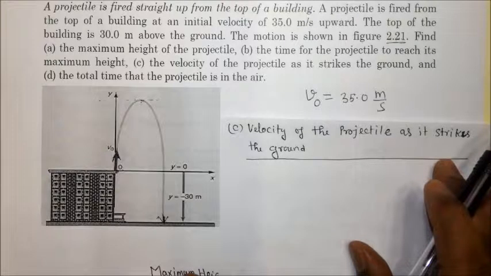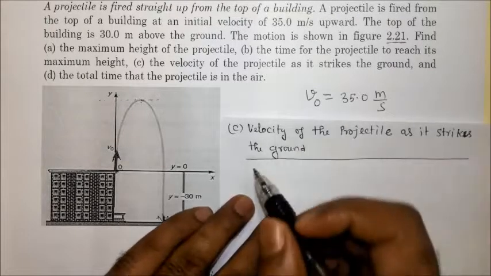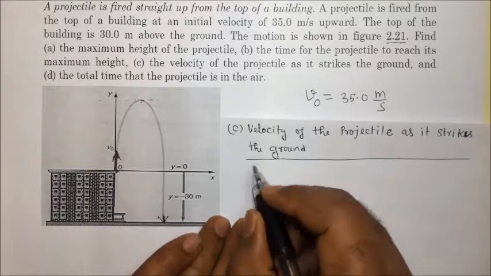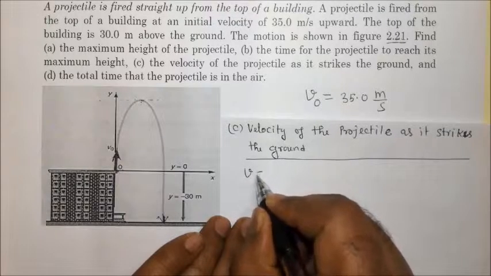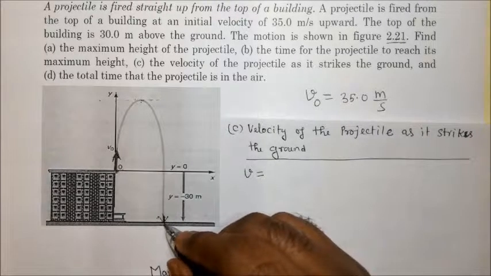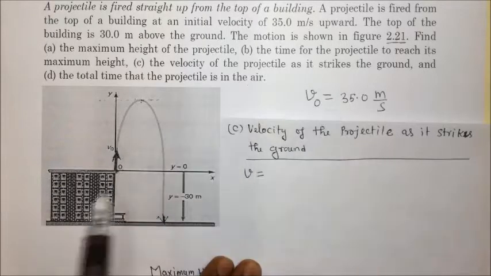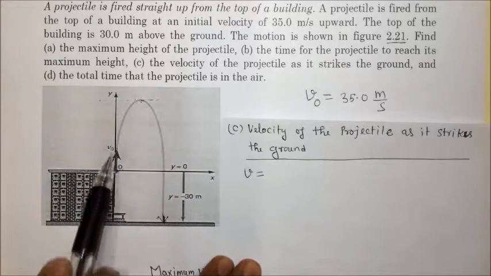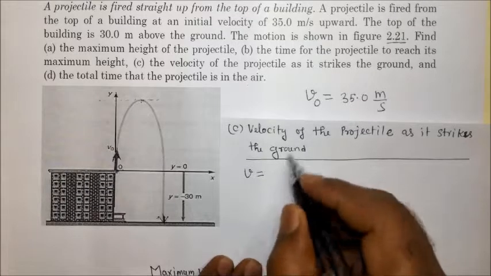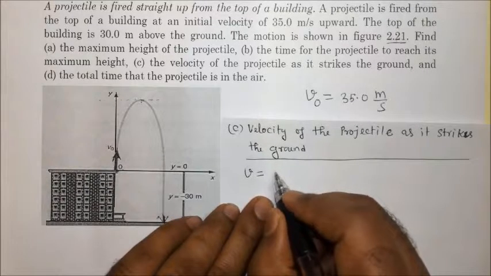And how to do that? So we are looking for V final. When it hits here, V initial is 35.0 meter per second upward. V final we are looking for.